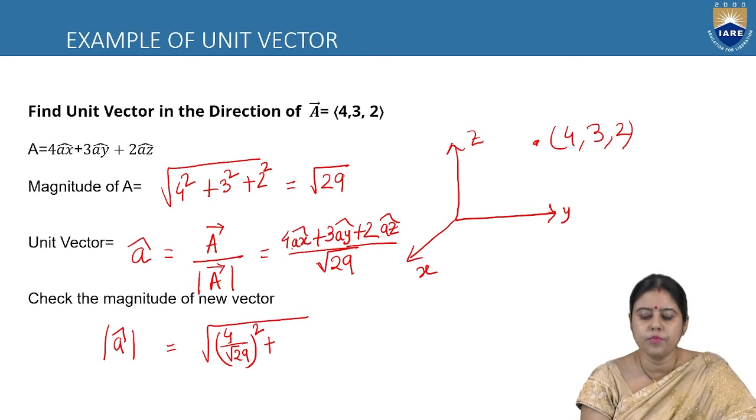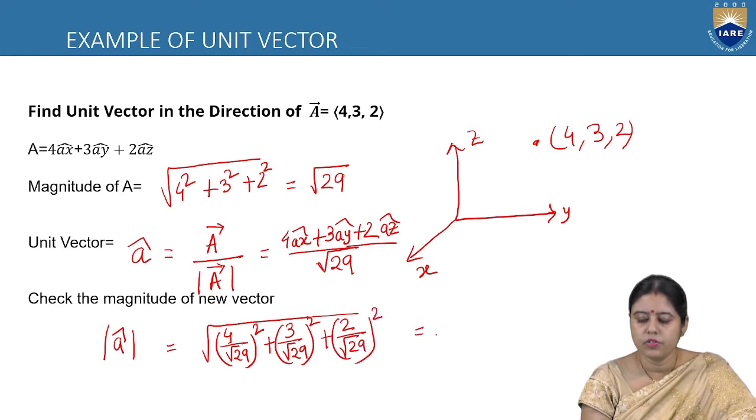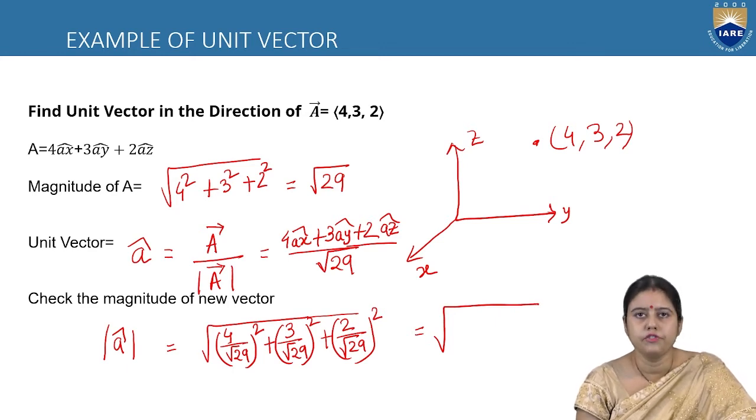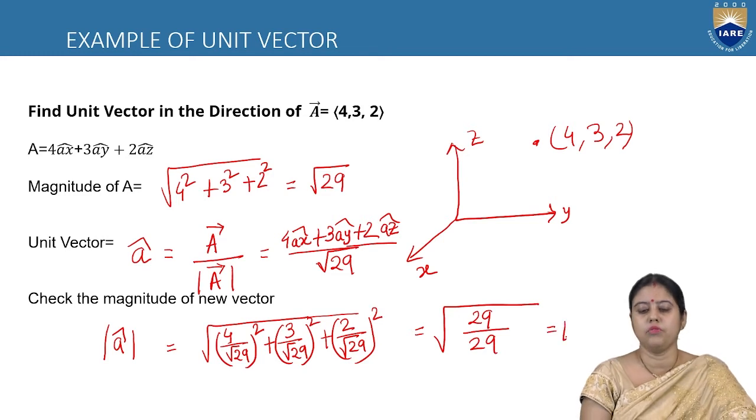Coefficient of x square is 4 by root 29 whole square plus 3 by root 29 whole square plus 2 by root 29 whole square. So this value is coming 16 plus 9, 25 plus 4, 29 by 29, and we got the magnitude unity.